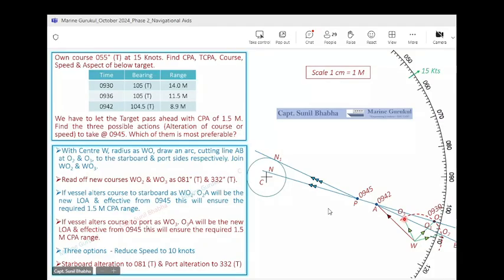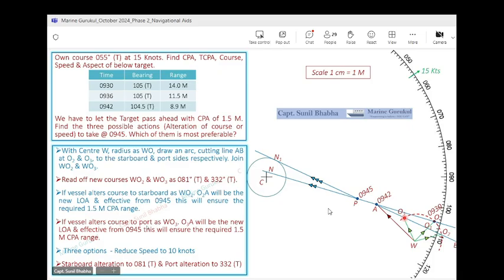However, alteration of course to port is ruled out in this particular case, because if we alter to port, one, it requires a much larger alteration. The amount of alteration which is required is much larger compared to the starboard alteration, and even if you do it, the own ship would have to remain off course for a very long period of time.